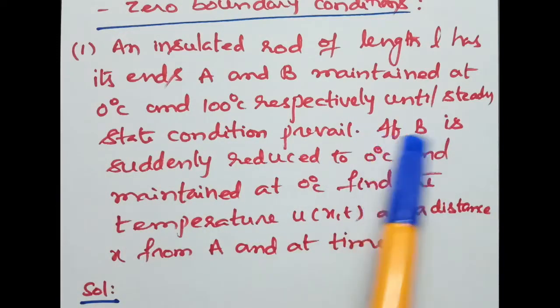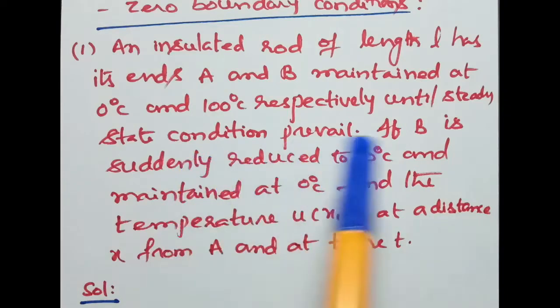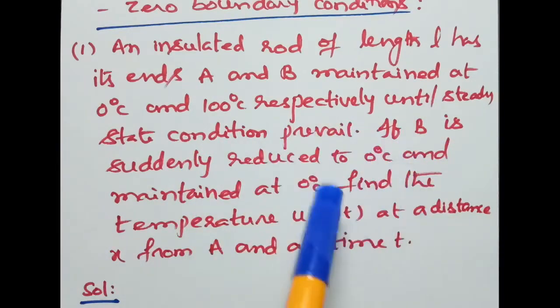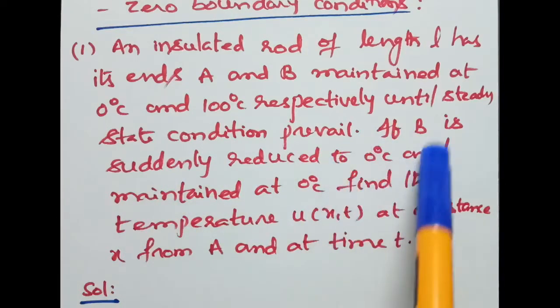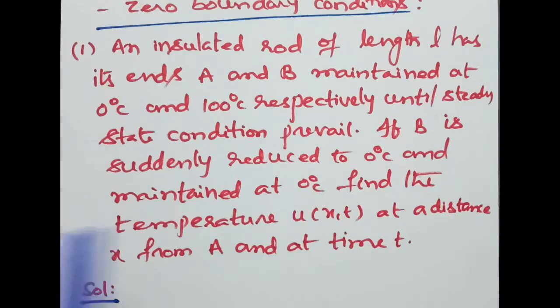After that, if B is suddenly reduced to 0 degrees centigrade, now the steady state becomes unsteady state. The steady state is changed into unsteady state here, maintaining the end B at 0 degrees centigrade.